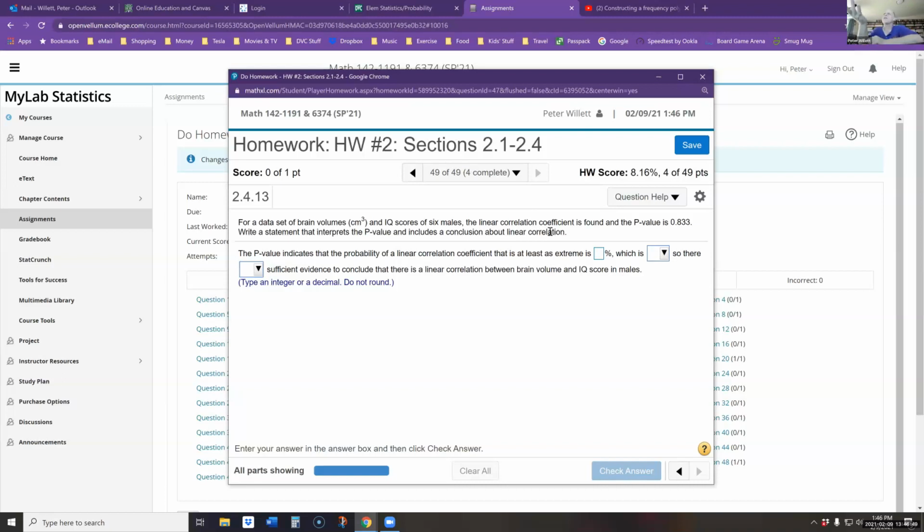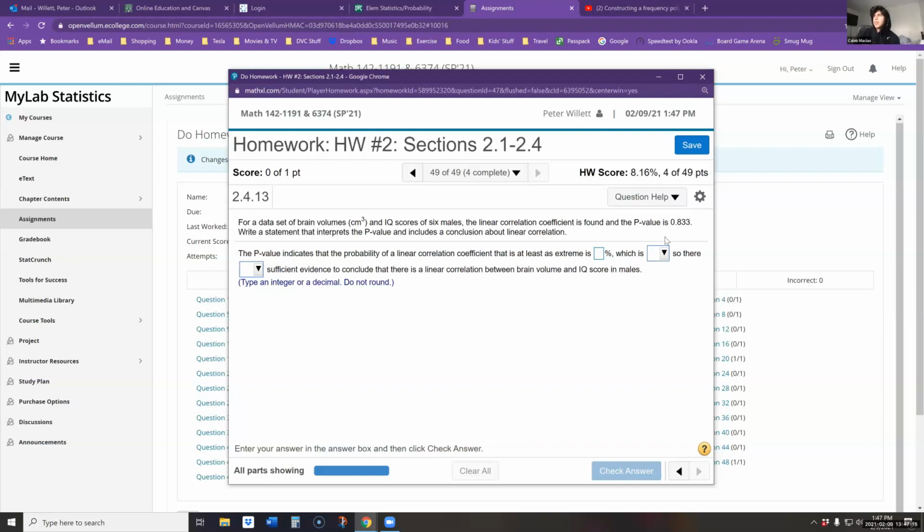They're just telling us the p-value that the calculator gave them, and it was 0.833. So again, that means 83%. For now, we'll talk about probability way more, all of chapter 4, but right now it means there was an 83% chance that something happened. That's the probability that they're talking about.